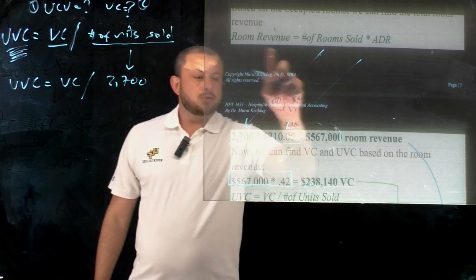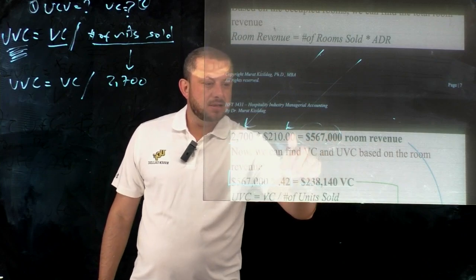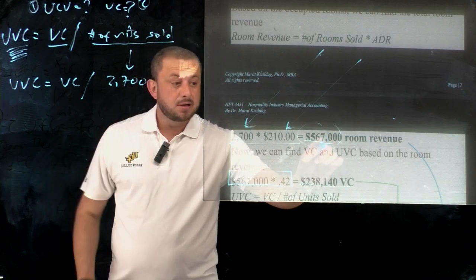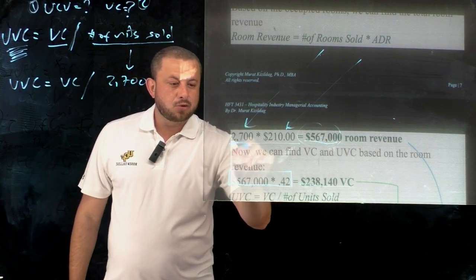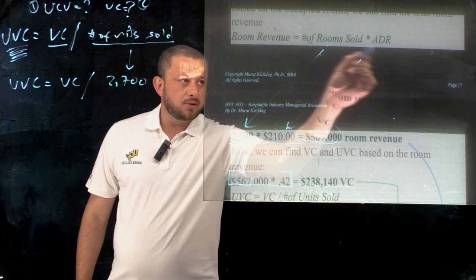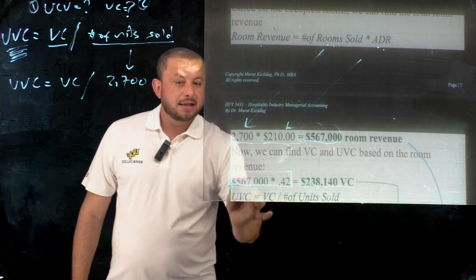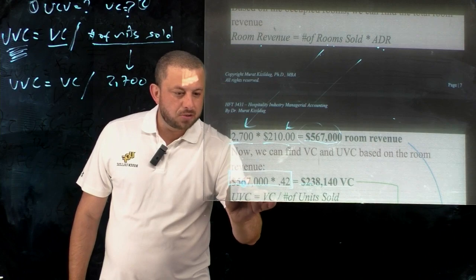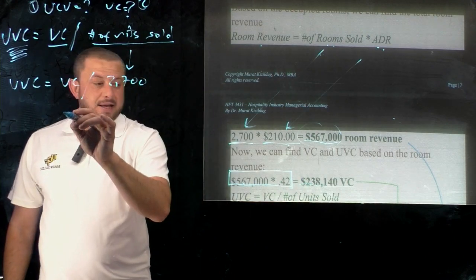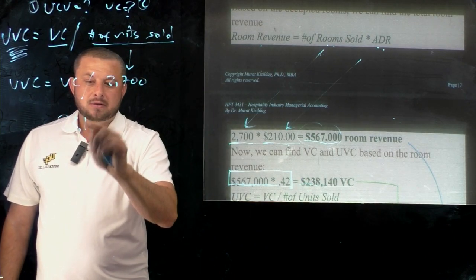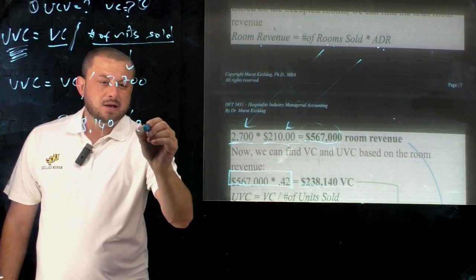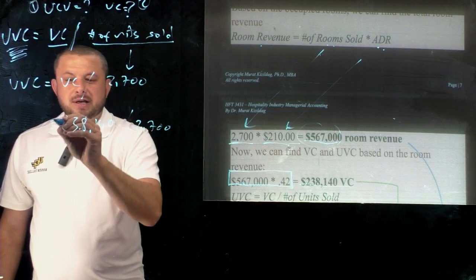I find the room revenue first, $567,000, by multiplying number of rooms sold with ADR because of the rooms revenue equation. And then I took 42% of the room revenue to find out 238,140, which becomes my VC.